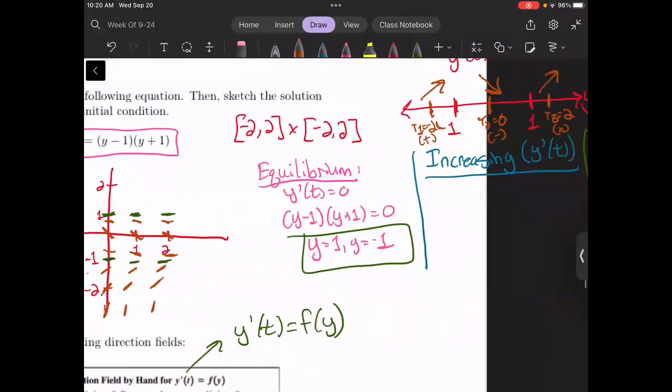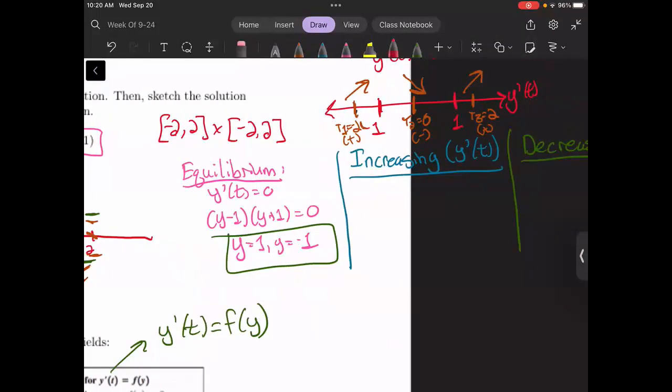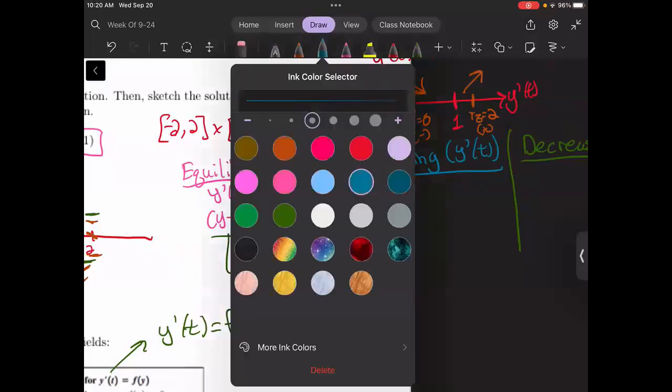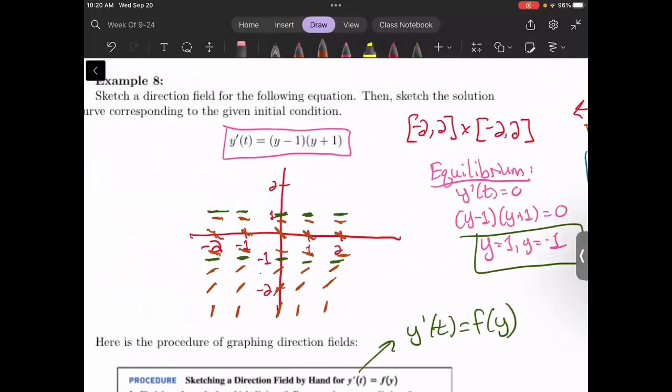And then when y is greater than 1, we will have dashed lines that have positive slope. So our dashed lines will be flatter as we get near 1, and they become steeper as we move away from y equals 1. So it's steeper here, here, here, and here.